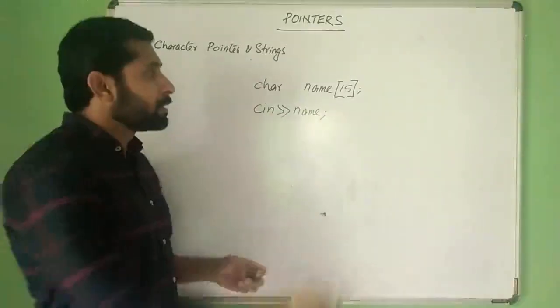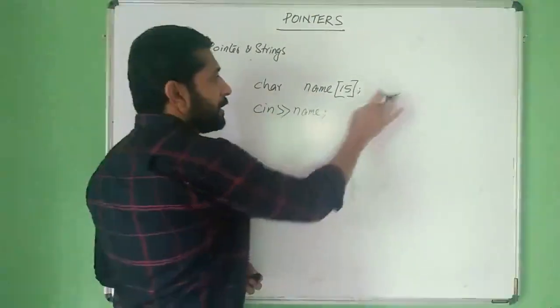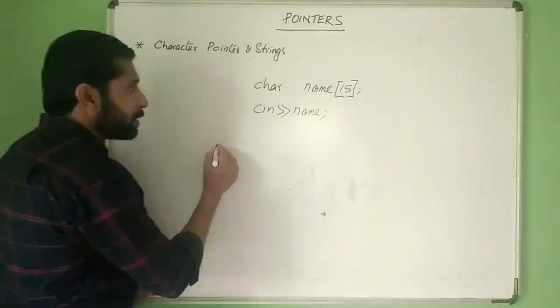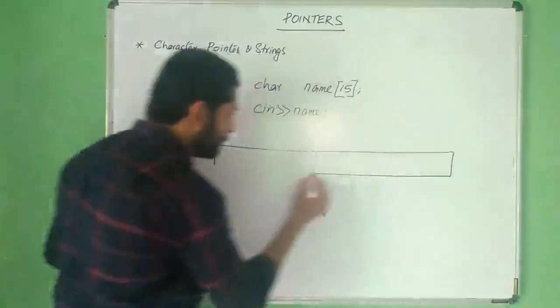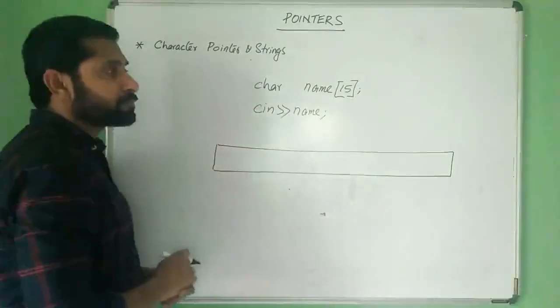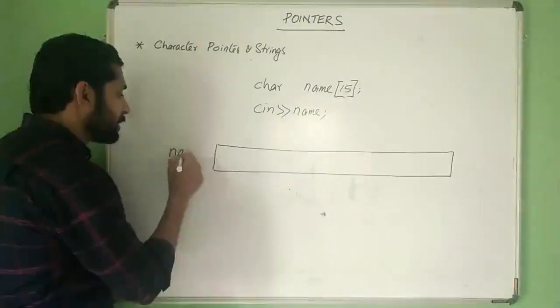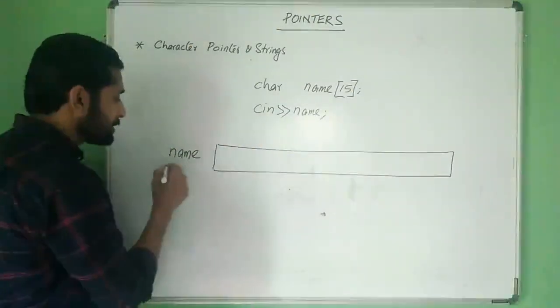Here when we create an array like this, what happens? It will allocate 15 bytes in memory. This is static memory allocation. The name of the entire array is name itself.